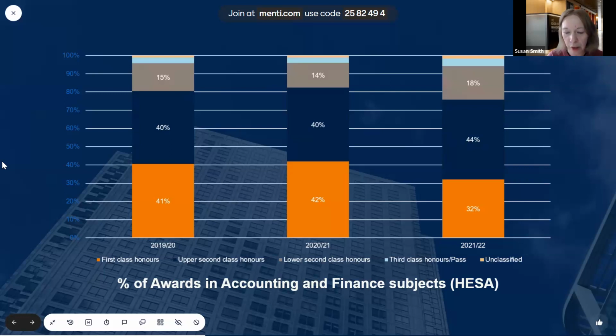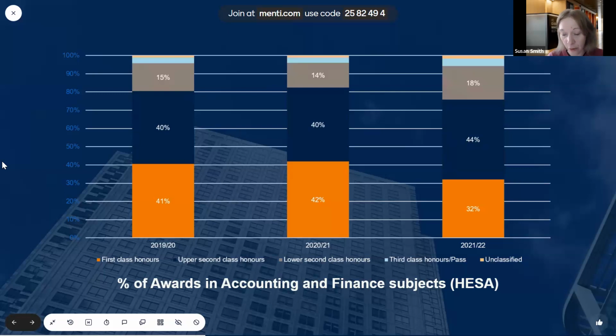When I started to dig into it in a little bit more detail, I didn't have time to create another slide, but what I did do was note down the differences in firsts between domestic students and what's termed by HESA as non-EU students. There are EU students in the mix as well, but I'm not going to pick up on those right now. So the home students in 21-22, 37% were awarded a first, but for non-EU students, it was 25%.